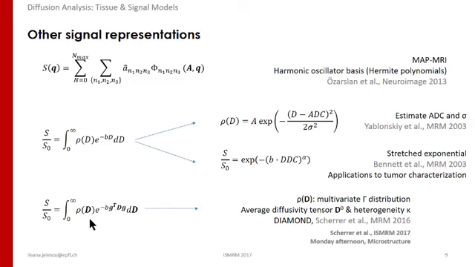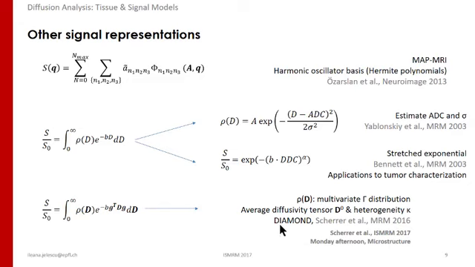And well, you can go even more sophisticated and now also throw in some anisotropy, so you can consider that your tissue is constituted of a distribution of diffusion tensors. So this is the DIAMOND model by Scherer and colleagues, where they assume, for instance, a multivariate gamma distribution for this distribution of tensors, and you can estimate an average diffusivity tensor and also the heterogeneity kappa underlying your tissue.